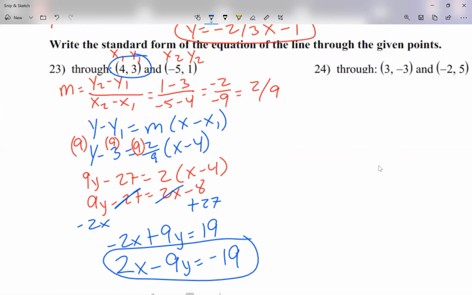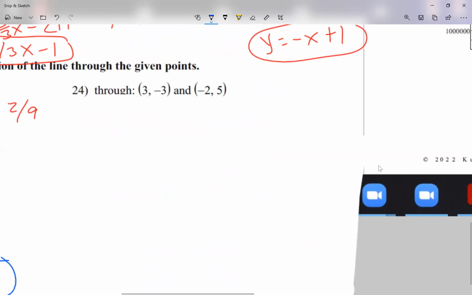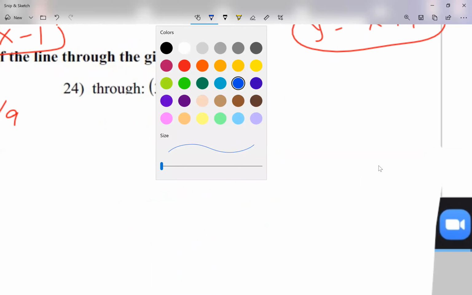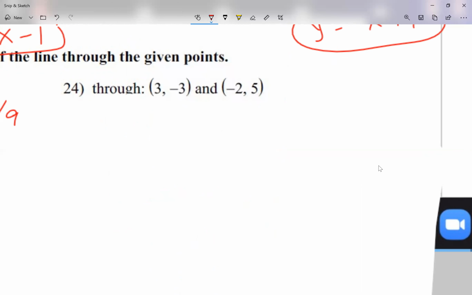All right, let's do another example. Let's take a look at number 24. First of all, let me find the slope. Remember, this is x1, y1. This is x2, y2. Now remember, the formula for the slope is the second y minus the first y over the second x minus the first x.